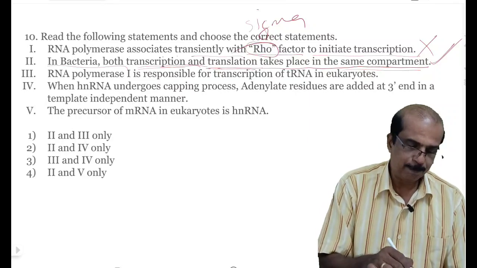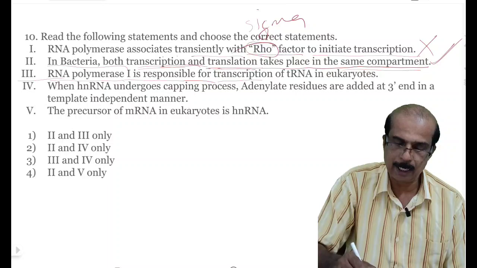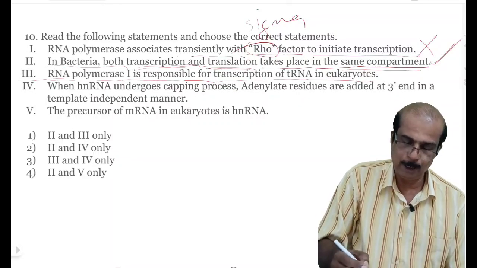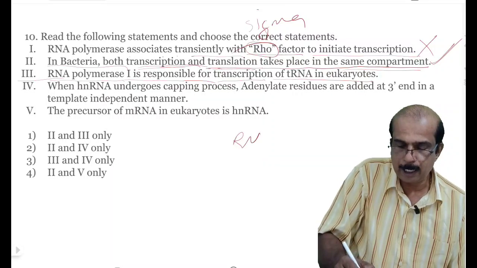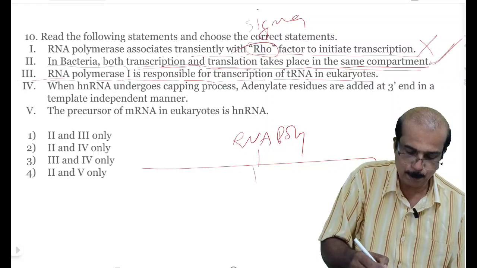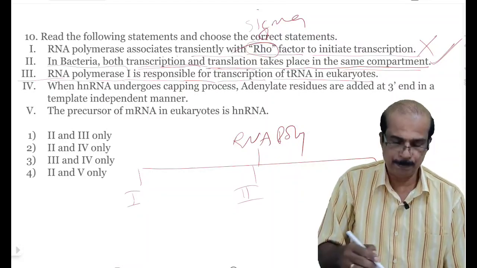Statement 3. RNA polymerase 1 is responsible for transcription of tRNA in eukaryotes. You know that in eukaryotes there are three types of RNA polymerases: RNA polymerase 1, RNA polymerase 2 and RNA polymerase 3.